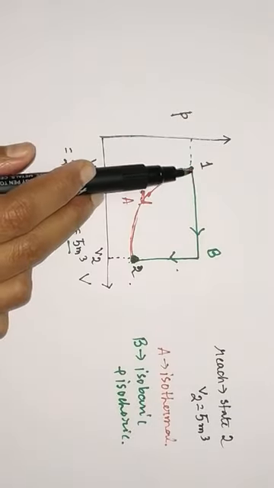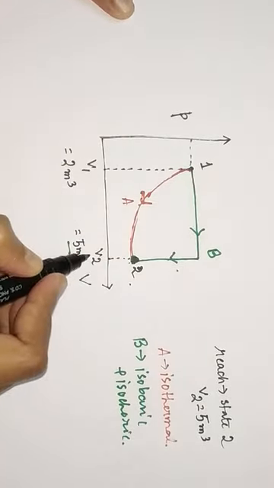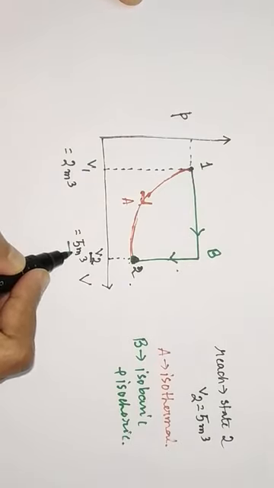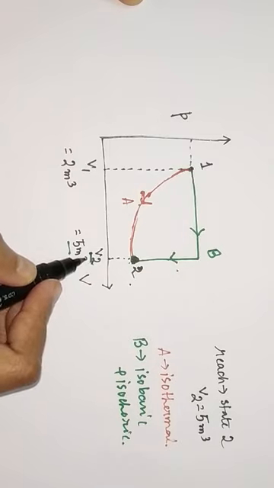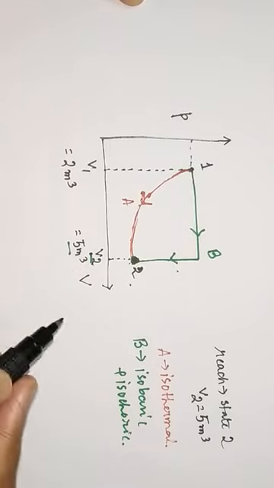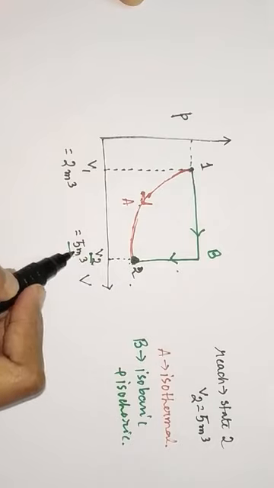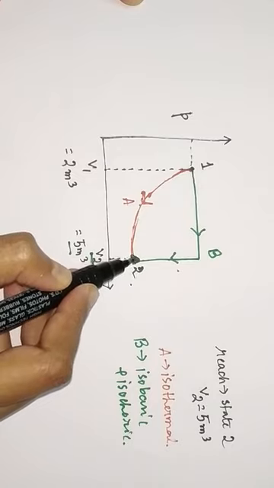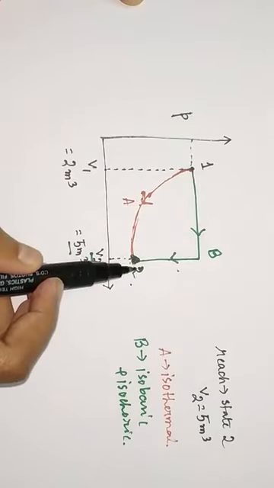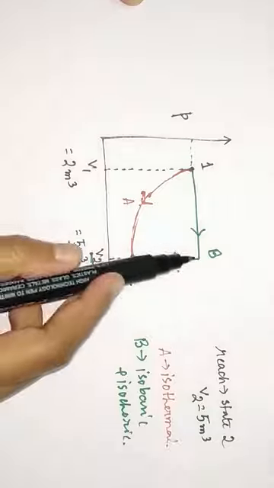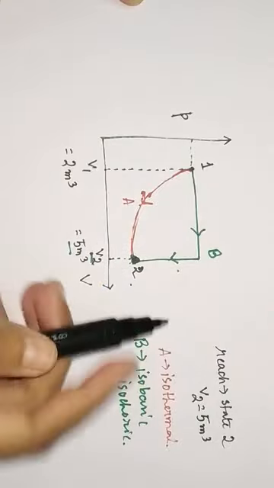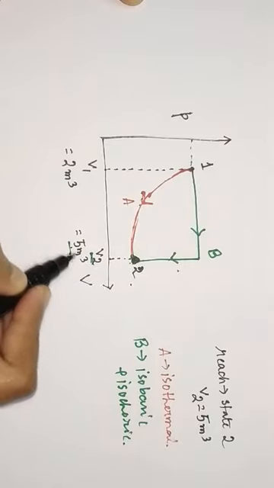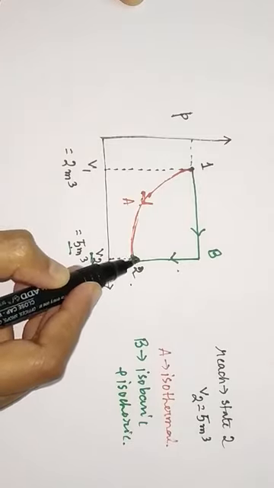Initially we are at the state 1 and we want to reach a volume V2 whose value is 5 meter cube. The volume is a property or state variable of the system, and the volume will be 5 meter cube when the system is at state 2. We can take various processes to reach this volume. As you can see, this volume V2 equals 5 meter cube only depends on that state 2.